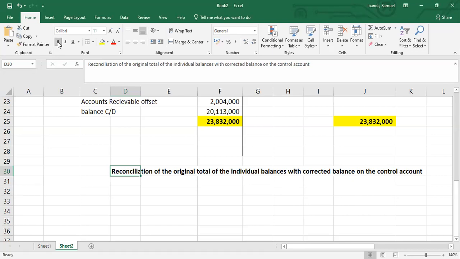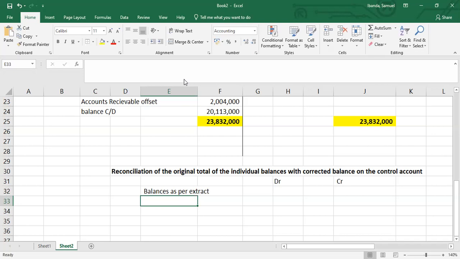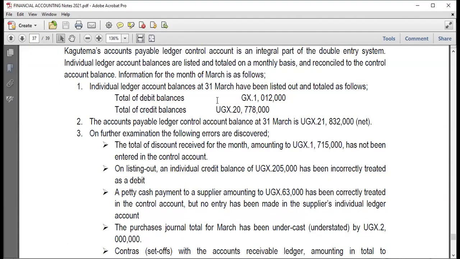Since I have debit and credit, I'll have my debit here, and then I'll have my credit, okay? So I have balances as per extract. Now you remember what they gave us? They're saying the individual ledger, the total debits was 101,102.